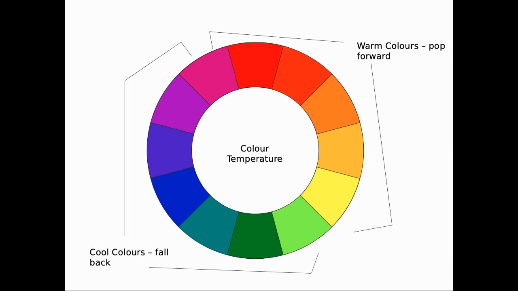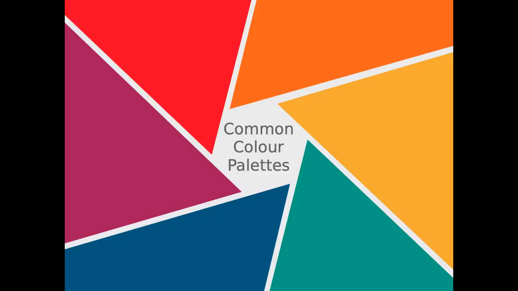So this works with how we perceive things in nature, but it's also a really good tool to use in design. A lot of artists, when they're planning designs, try to keep this in mind in terms of what they want in the foreground, what they want in the background, and also to have a nice variety of color. So we're going to look at a few really common color palettes that artists use to introduce you to some ideas using that color wheel.